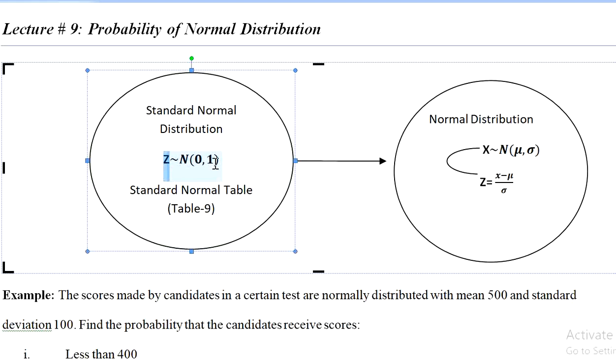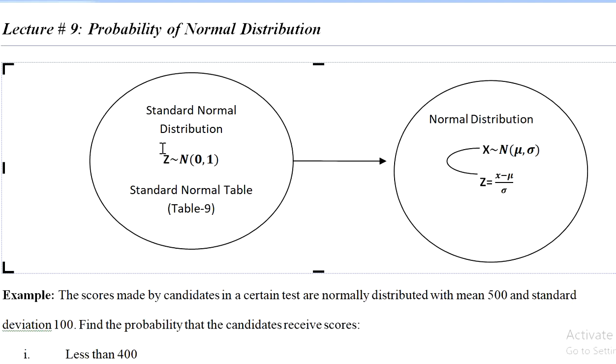It is a special form of normal distribution. So in our previous exercise, if you review it, you will see the writer is talking about only the z variable that has mean 0 and variance 1.